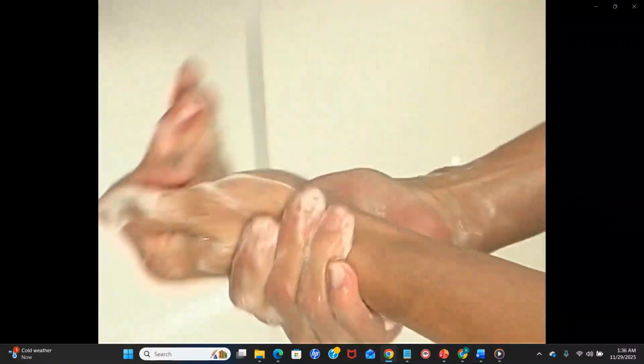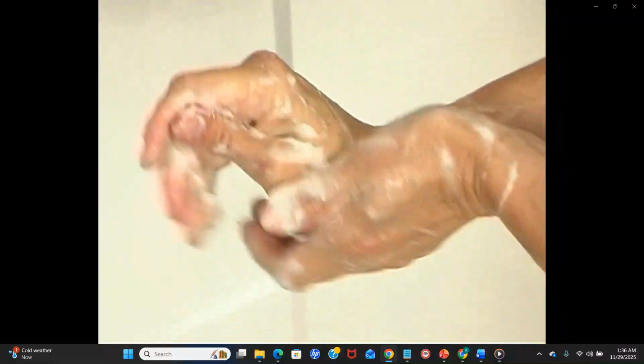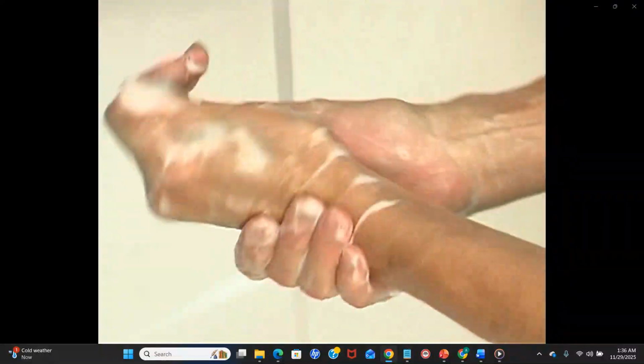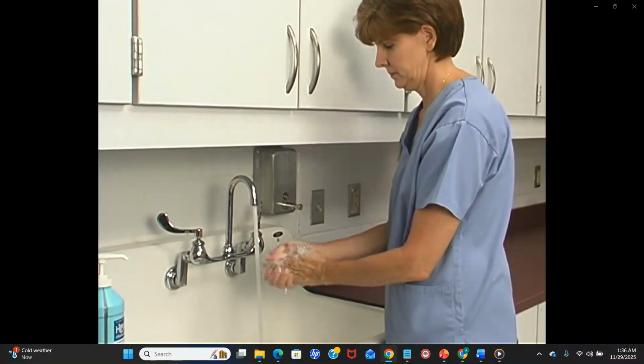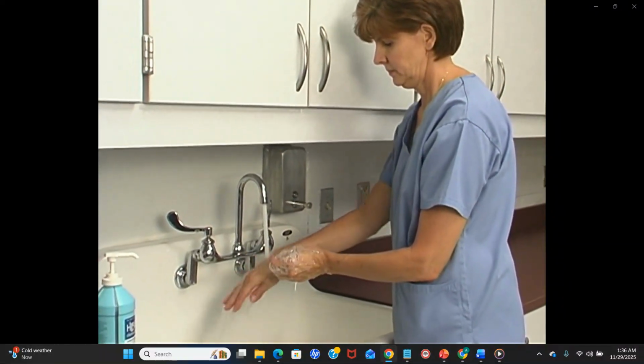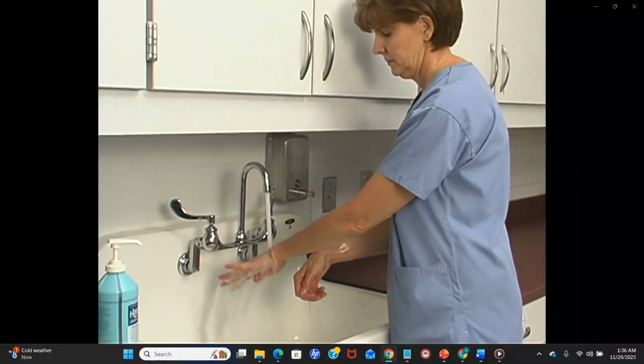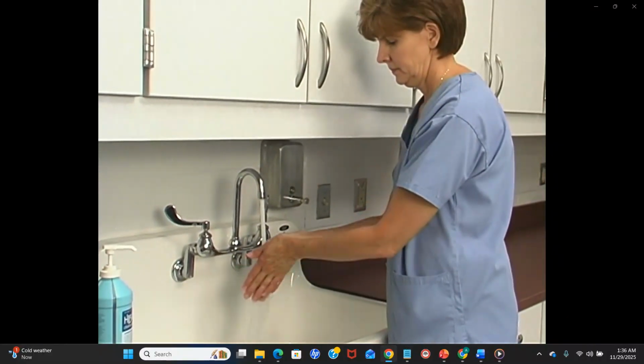Continue to rub your hands rapidly, washing your hands for 10 to 30 seconds. Rinse your hands well, again, holding them so that the water runs off the fingertips.